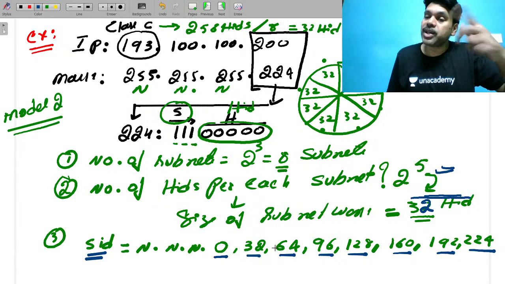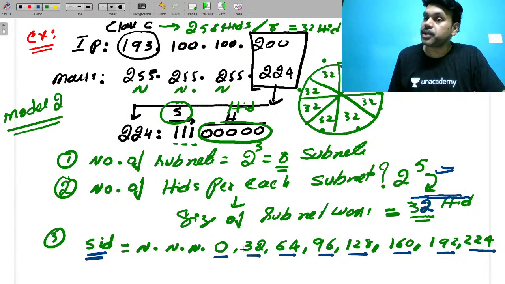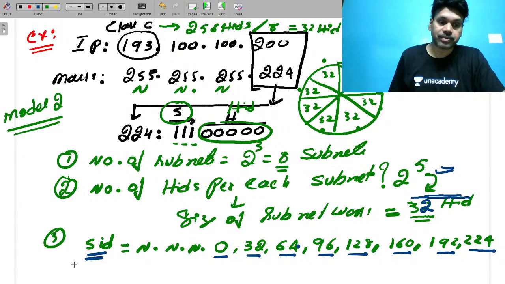Therefore, you do cumulative addition: 0 plus 32, 32 plus 32, 64 plus 32, 96 plus 32, 128 plus 32, 160 plus 32, and 192 plus 32. So altogether you got 8 subnet IDs.